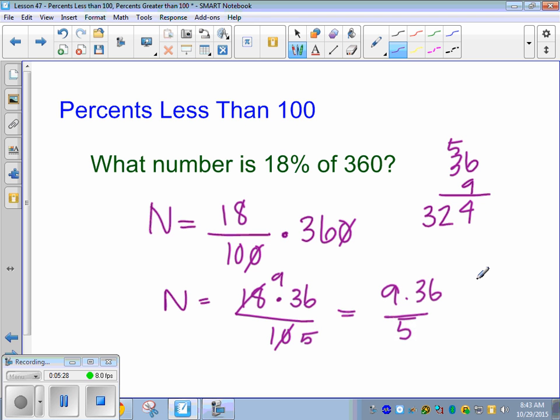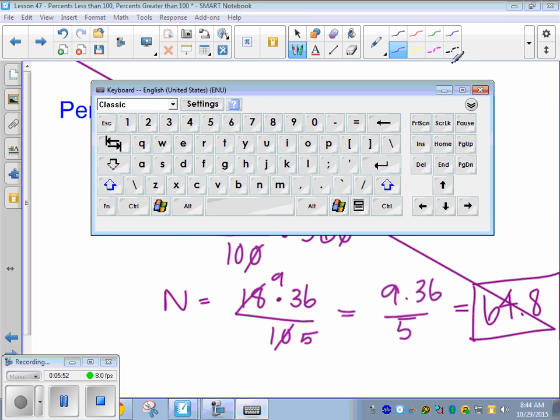We could do long division. Does somebody want to just whip out a calculator really quick and tell me what this is going to be for my number? Speed up my process. Yeah. 64.8. Thanks.